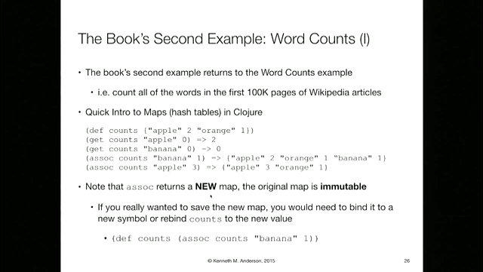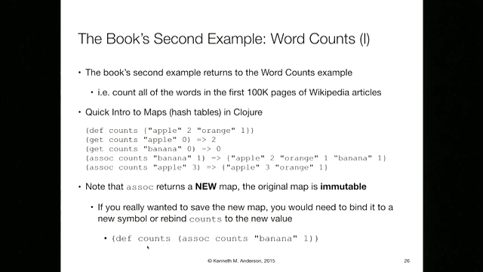And so associate returns a new map. The original map is immutable. If you've got something pointing at the old map, it can happily interact with that map for time immemorial as the new map is handed and rebound to some other symbol. All right, and if you really wanted to save the new map, you could, in one operation, do that by doing the change and then rebinding the symbol.